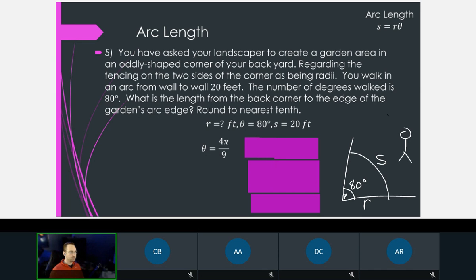What goes first? Whoops, not R. You mean 20, because in the formula, S is first, right? All we're doing is plugging the stuff in. So S is 20, and then your R, and then your angle.